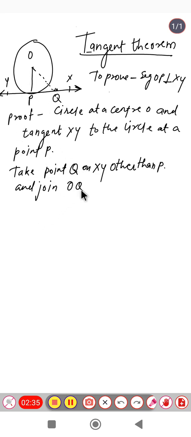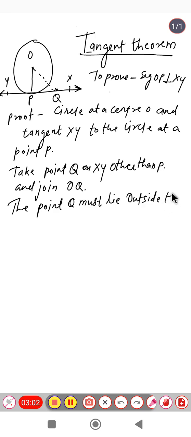Now, the point Q must lie outside the circle. Why?